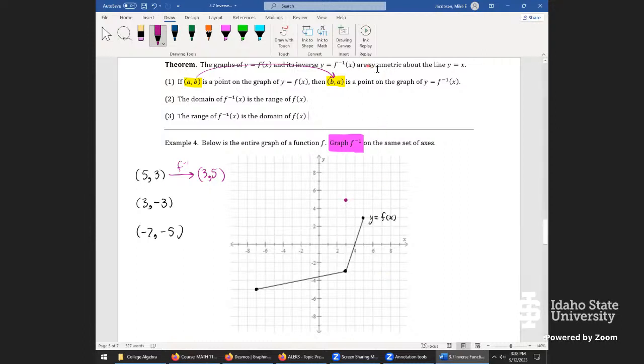And as we plot these, keep in mind, that's the major portion of the theorem. Everything else is really just a consequence, part 1, 2, and 3. So if it looks like you have a reflection across y equals x, then keep on going. It means you're definitely on the right track. So there's the line y equals x, and yeah, it looks like it reflected across.